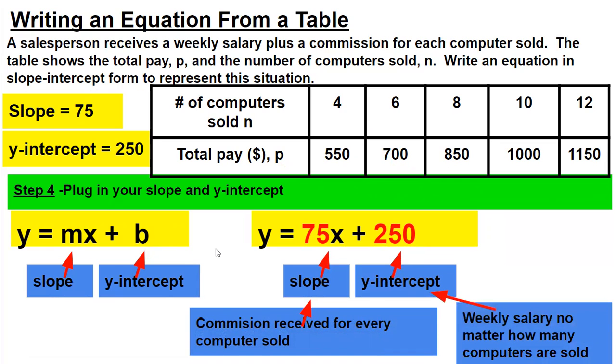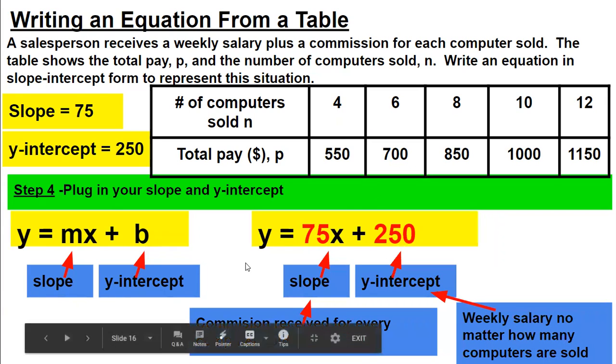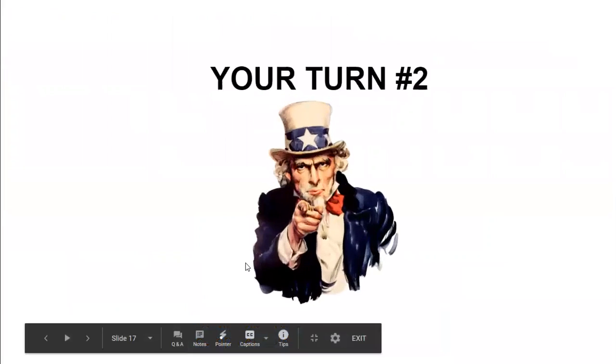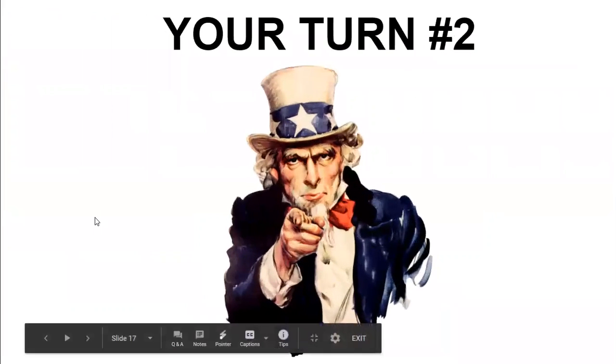Weekly salary, no matter how many computers are sold, is 250. I was thinking of the 75. It's 250, the y-intercept. Okay, you get to try some of these types of problems. See you back in a minute.